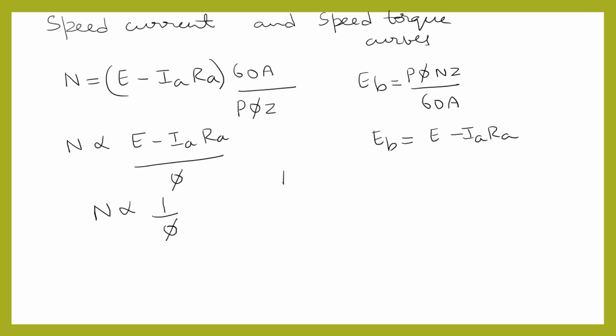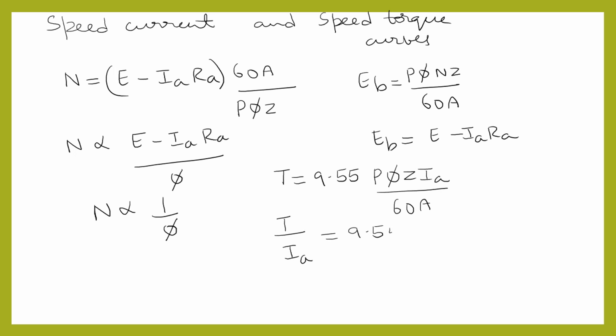Now we have the equation of T, that is 9.55 P phi ZIa by 60A. So getting the ratio of T by Ia, we get it as 9.55 P phi Z by 60A.